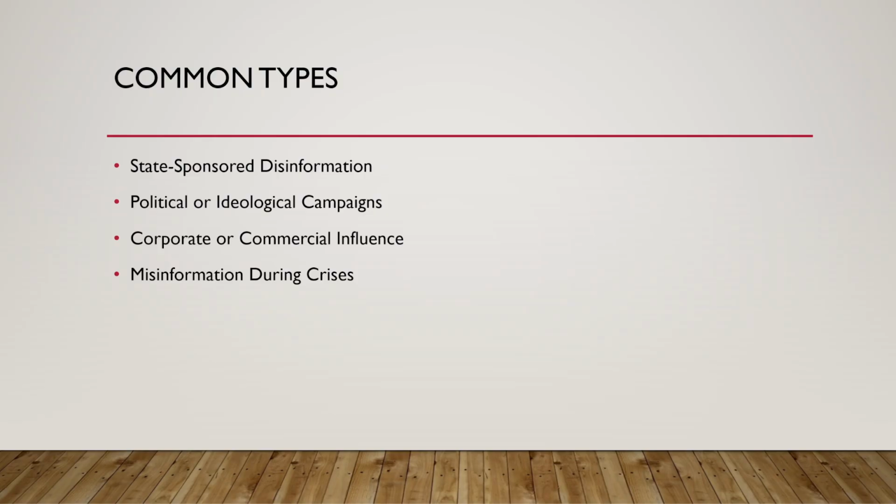There's also misinformation during crises, such as natural disasters, pandemics, or even political instability. Misinformation can spread quite rapidly, often as part of influence campaigns. Bad actors will exploit the uncertainty and fear during these times, and they'll try to sell false narratives, fake remedies, or promote conspiracy theories.